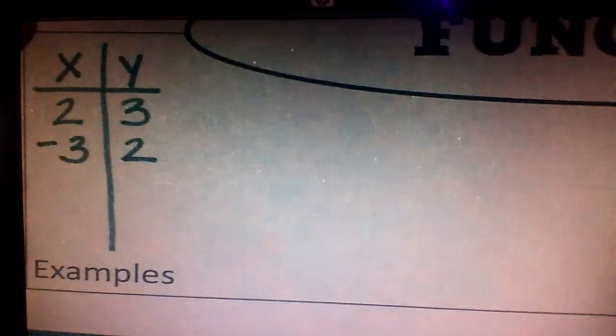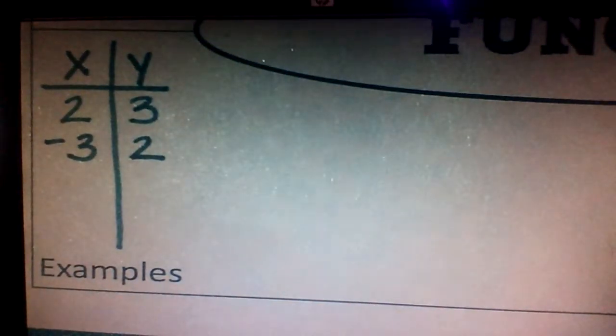If 2 is in a relationship with 3, 2 cannot be in a relationship with anybody else. Okay. -3 is in a relationship with 2. Well, -3 is not a cheater, so they're not in a relationship with anybody else.